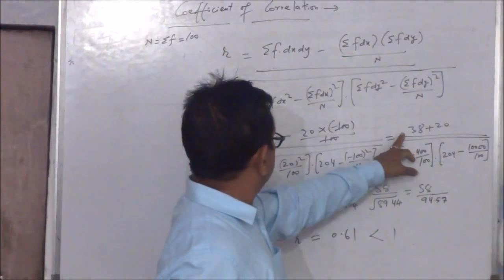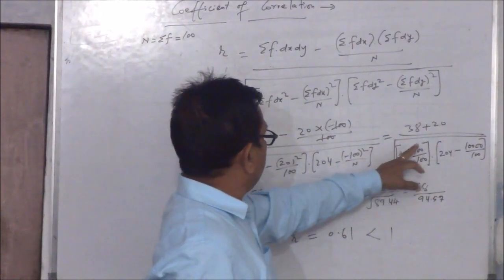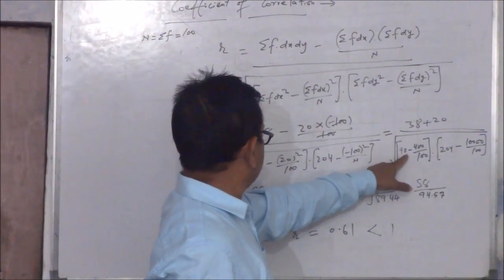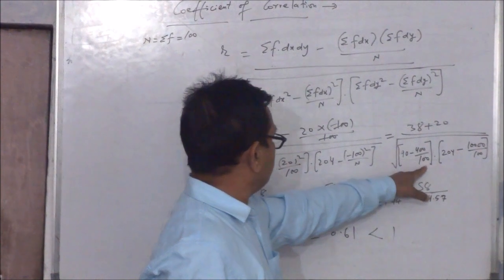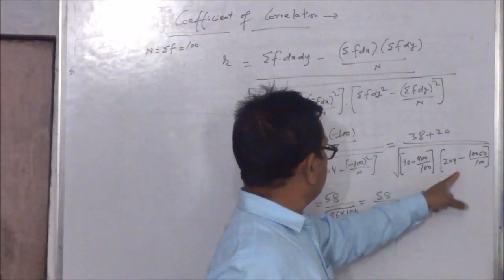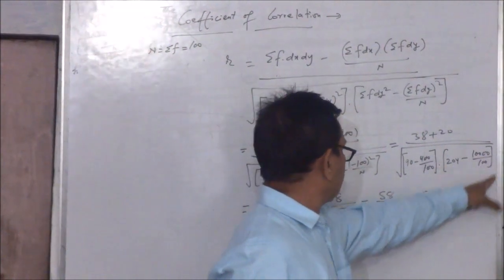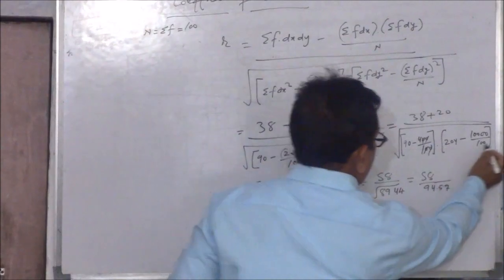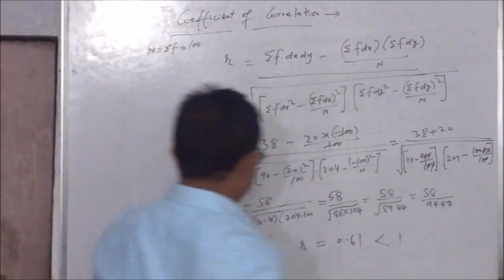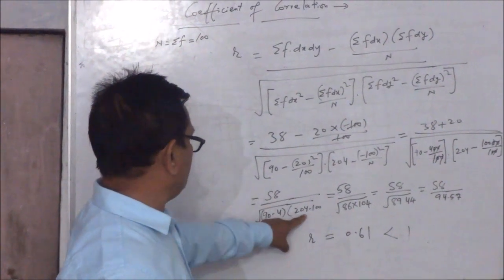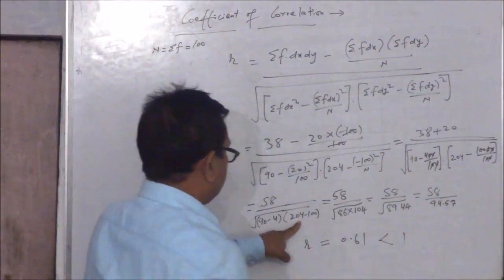So this is 38 plus 20, whole divided by under root of bracket start 90 minus 400 upon 100, into bracket start 204 minus this value upon 100, bracket closed. This is cancelled. Now this is also cancelled. You get 58 upon under root of 90 minus 4 into 204 minus 100.